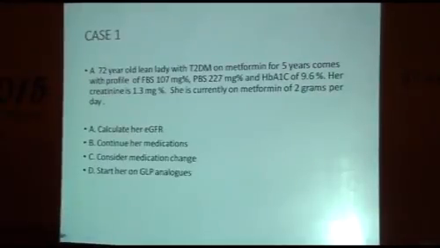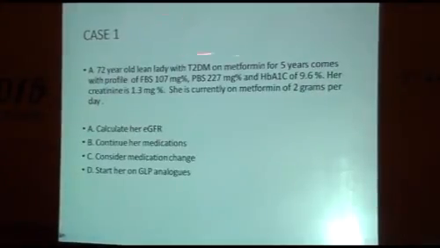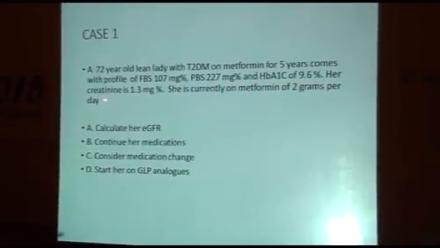A 72-year-old lady with diabetes is on metformin for 5 years, and comes with a profile of fasting 107 and postprandial 227 and an HbA1c of 9.6%. Her creatinine is 1.3 milligram percent. She is currently on 2 grams per day of metformin. So what are the options?